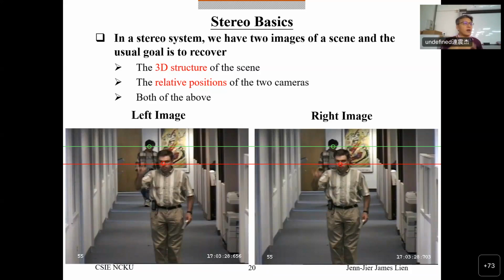So 2 to 1 has a rotation and translation, 3 to 2 has a rotation and translation, 4 to 3 has a rotation and translation. Then the relationship from 4 to 1 becomes 4 to 3 multiplied by 3 to 2 multiplied by 2 to 1, the rotation and translation, this way.